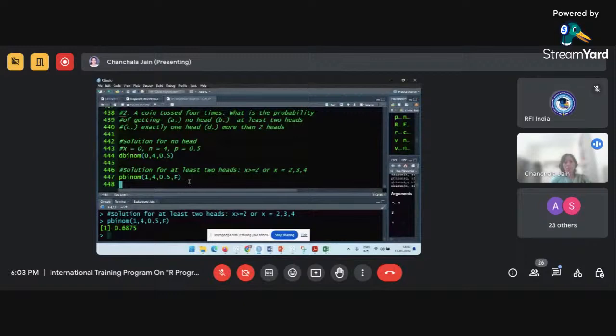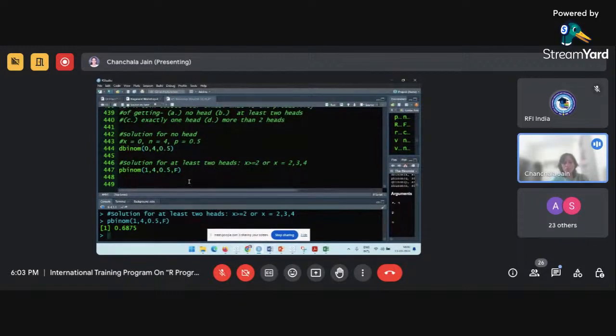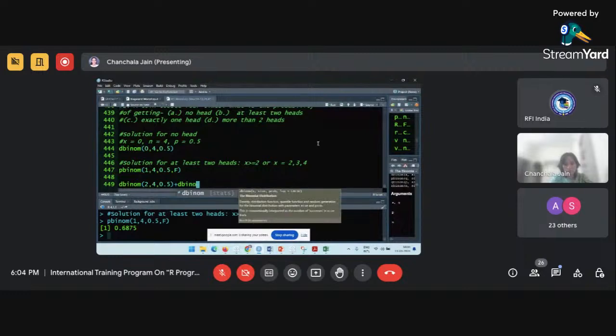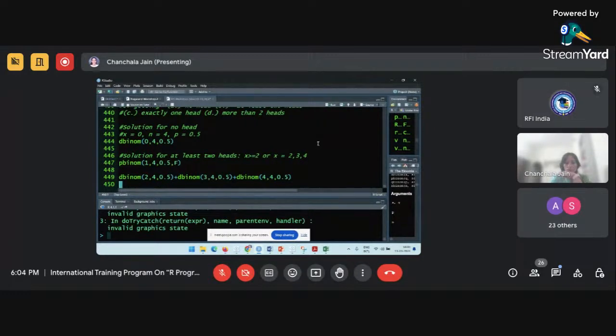Yes. Now, one more way is there to find this. You can do this also: calculate 2, 3, and then 4 individually and add them.